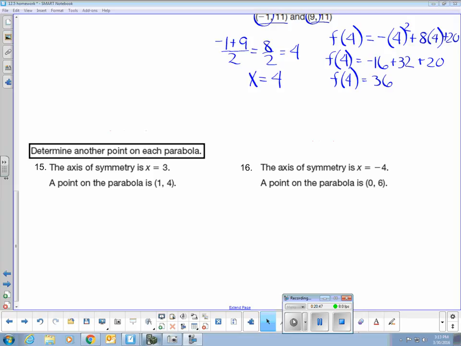In number 16, we need to determine another point on each parabola. So let's sketch number 16 and take a look at what it looks like. What we know is the axis of symmetry is x equals negative 4. Let's try that again.